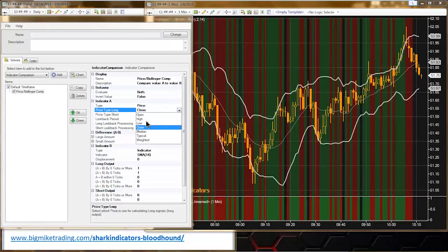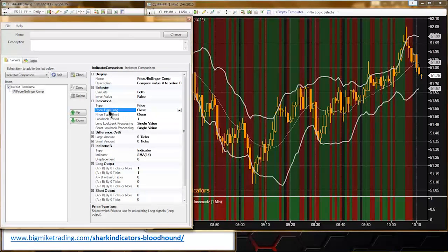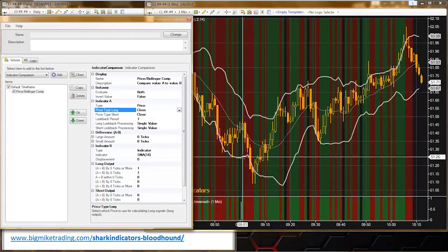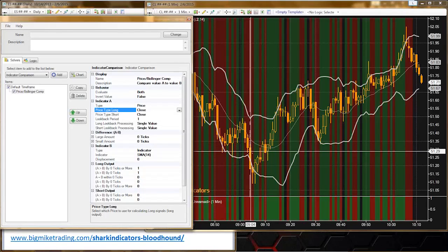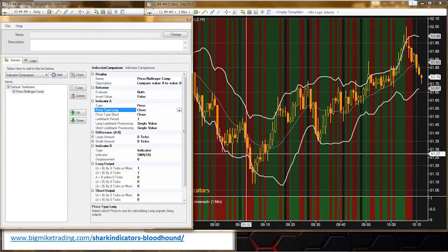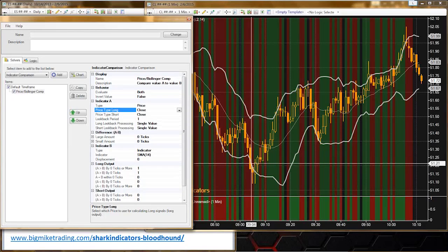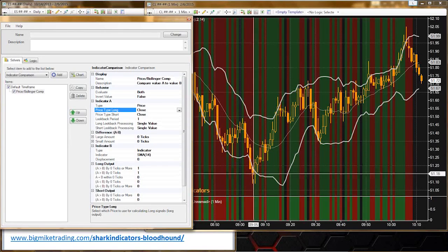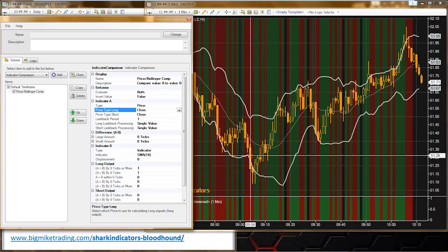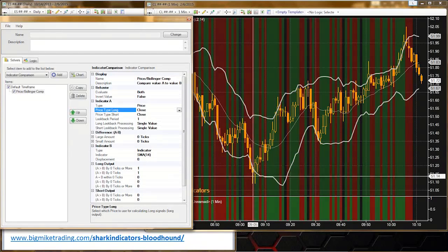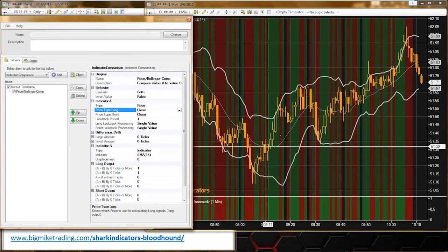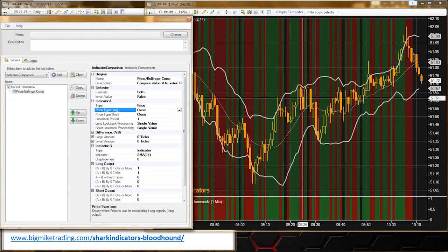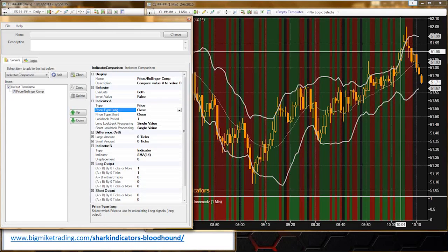A simple use of these prices is, let's say I'm going to try to build a mean reversion system, basically a reversal system, and I want to know whenever the low price breaks below the lower Bollinger Band, telling me that price is overextended and there might be a little pullback, a little retracement. And the opposite for when the high of the bar breaks above the Bollinger Band.